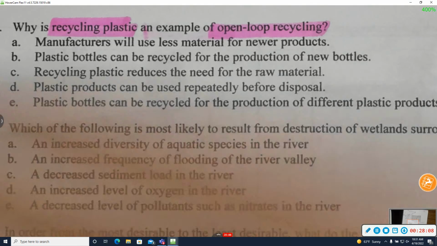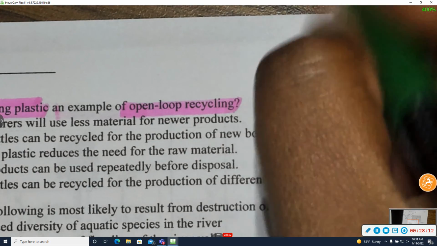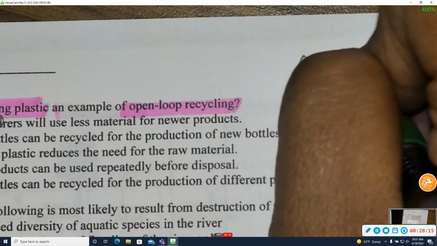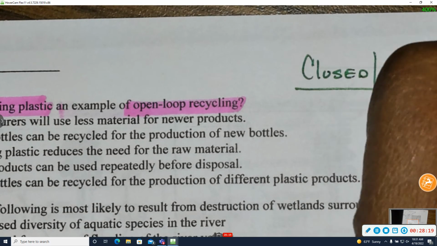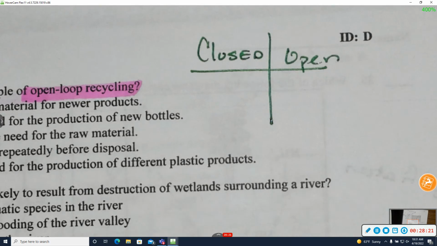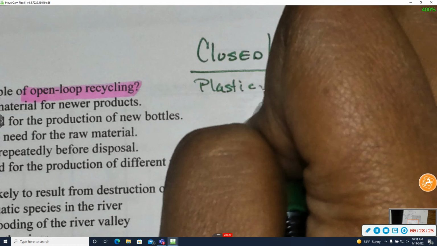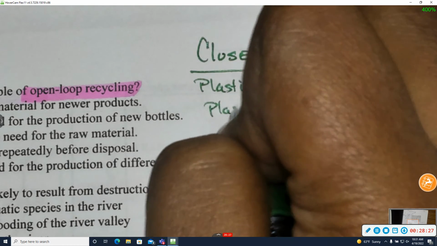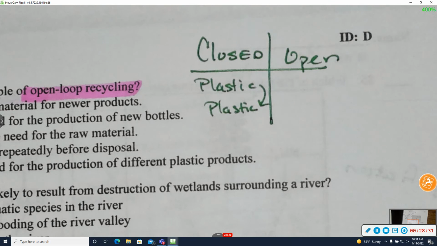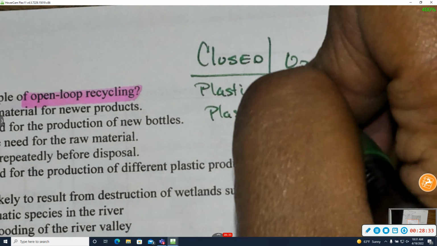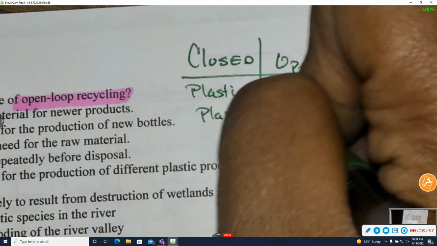Alright, so getting back to it. If you did not study this, you have closed loop and open loop recycling. Closed is when you go from plastic to plastic, and that's all you can do, depending on the type of material. Open is when you can go from plastic to something else, essentially.